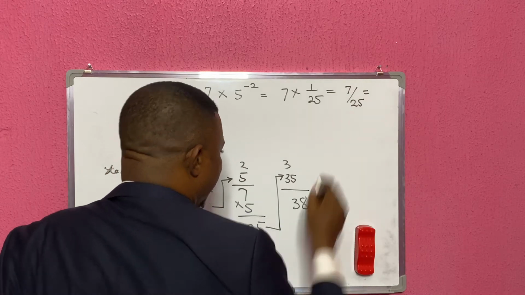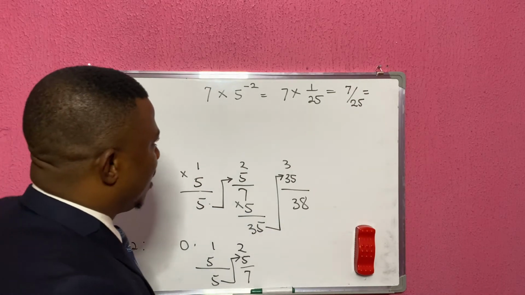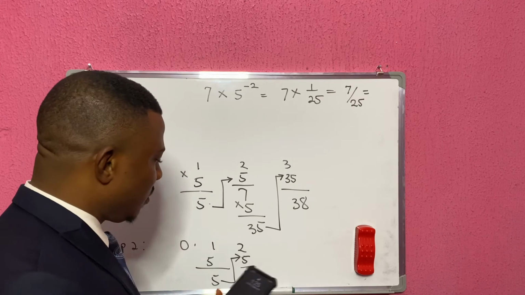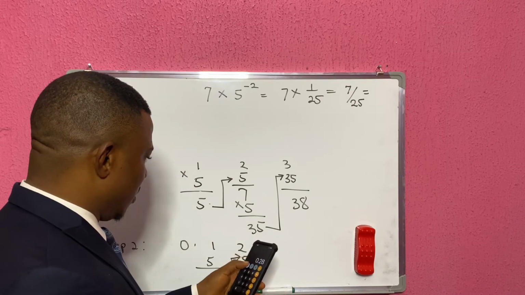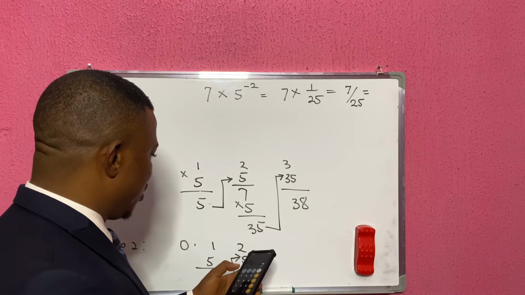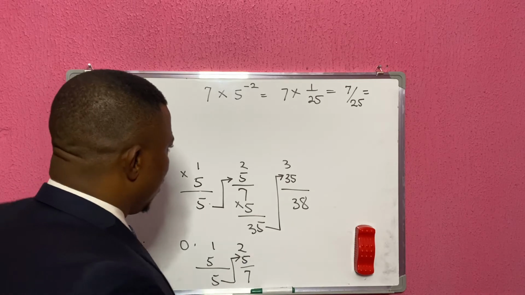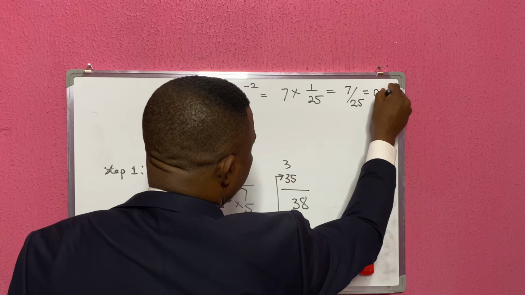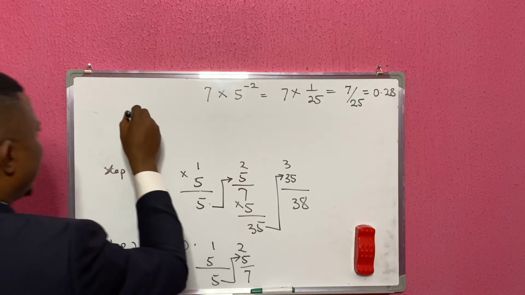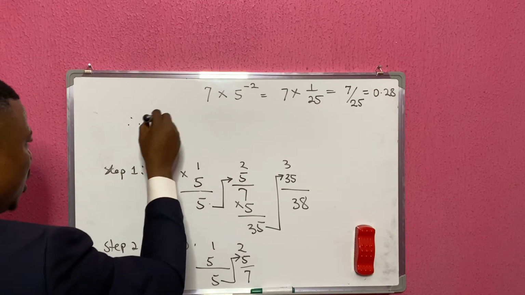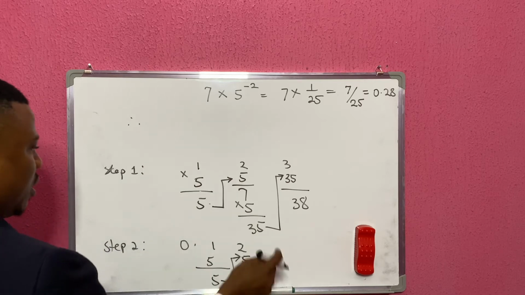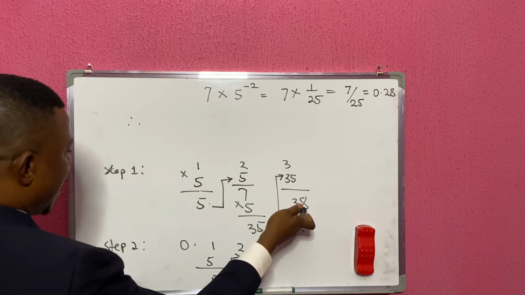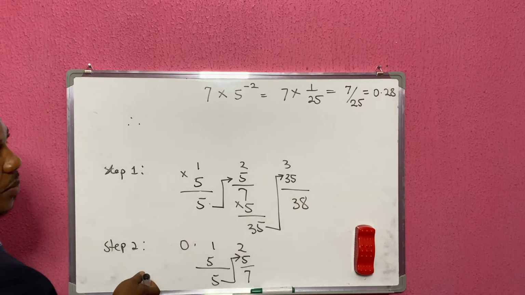You press it, what will you have? 7 divided by 25. You have 0.28. Now, therefore, add up your first step and second step.